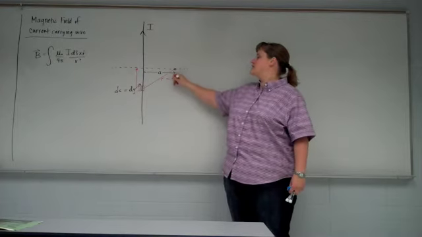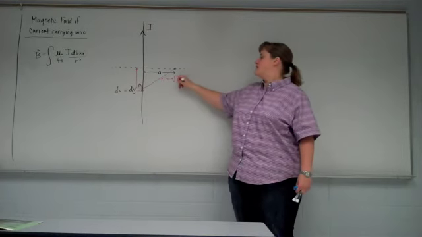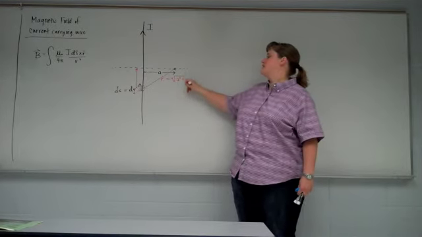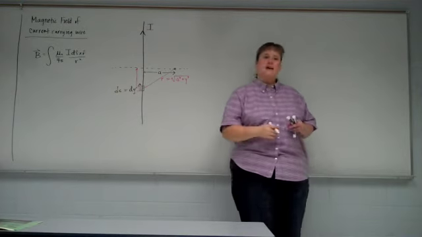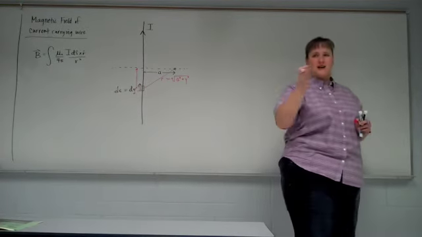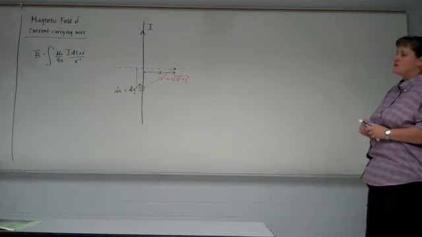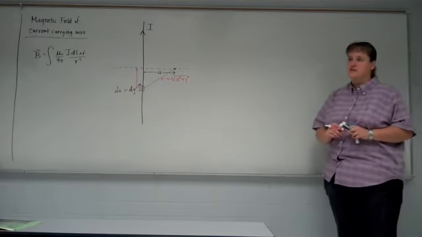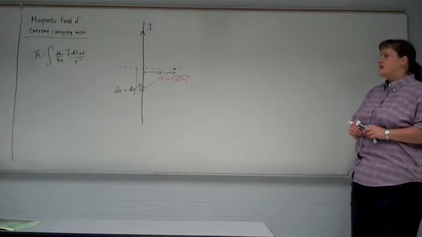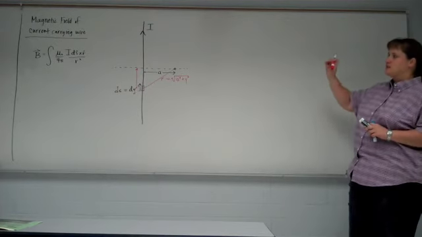So r will be the square root of a squared plus y squared. Now a is a constant, just representing how far away we are from the wire, the perpendicular distance. y is going to be changing. It's a variable. y is changing as we look at different pieces of the wire.